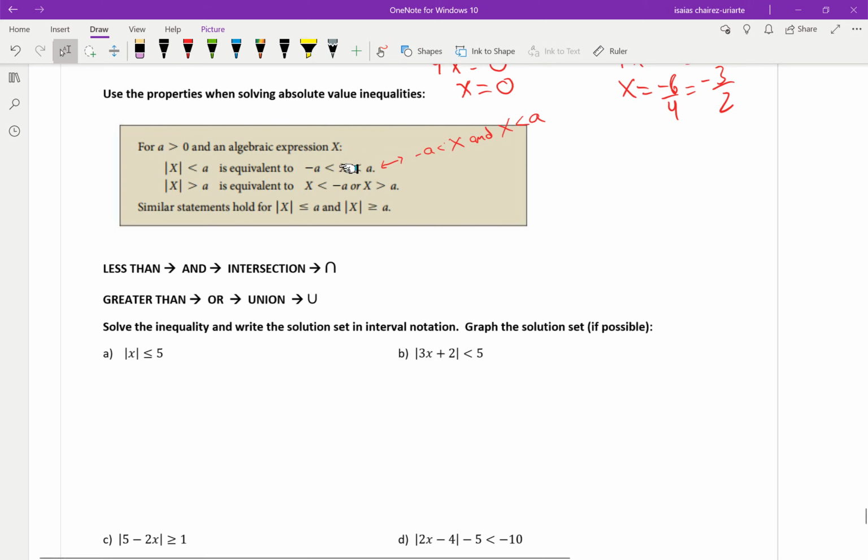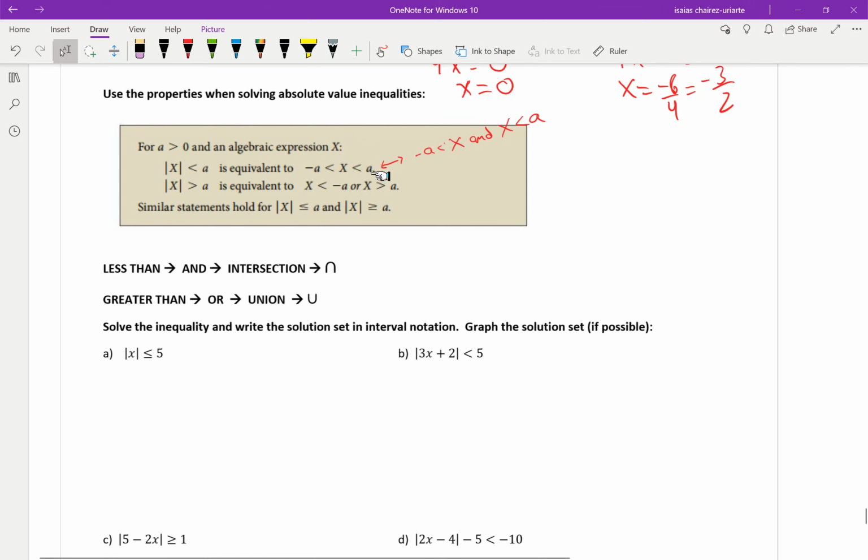So if you were to ignore this symbol and this a on the right part, this would mean that negative a is smaller than x. Now if you ignore the part on the left, then it would say that x is smaller than a. So this compound inequality can also be written as x is less than a and x is bigger than negative a.